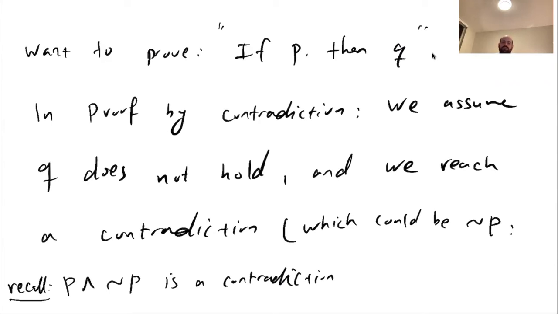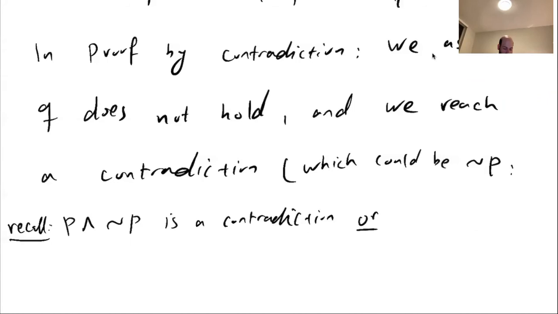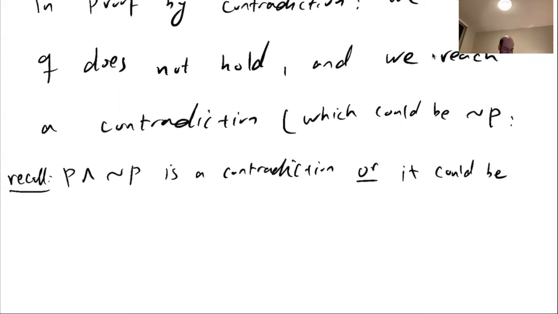So in the proof by contradiction, we assume Q does not hold. And then we reach a contradiction, which could be negation P. Or it could be a statement contradicting a mathematical fact.